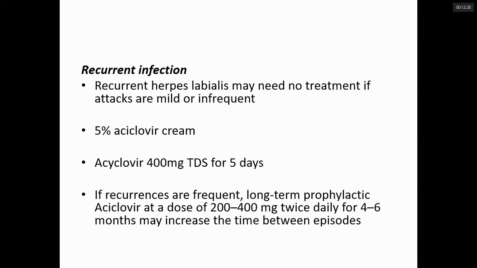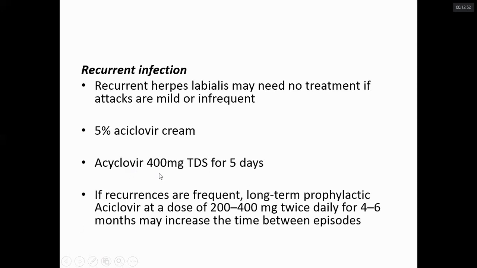In case of recurrent herpes infection, if it's mild, it does not require any treatment. We can give topical antibiotic cream only. Sometimes you can give 5% acyclovir cream also. And if it is problematic, moderate or severe, you can give acyclovir 400 mg TDS for 5 days.